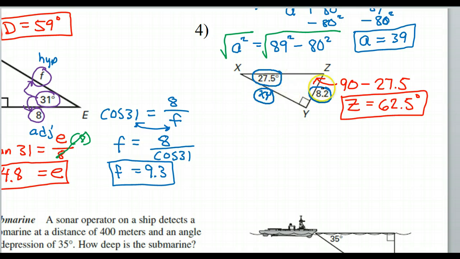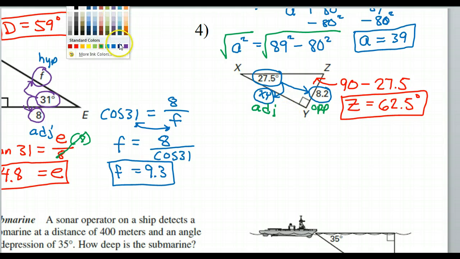So these are the three things I'm going to look at to decide which function it's going to be. Are either one of these the hypotenuse? No. This 8.2 is opposite, and the XY is adjacent. So opposite and adjacent, that's the tangent function.